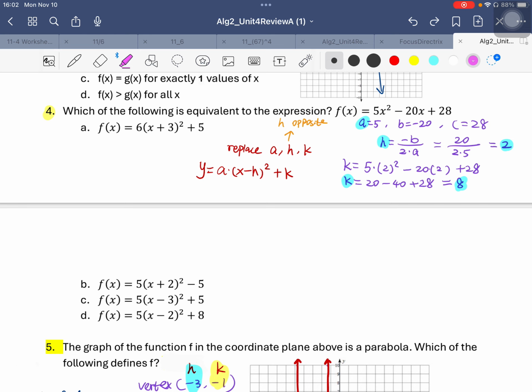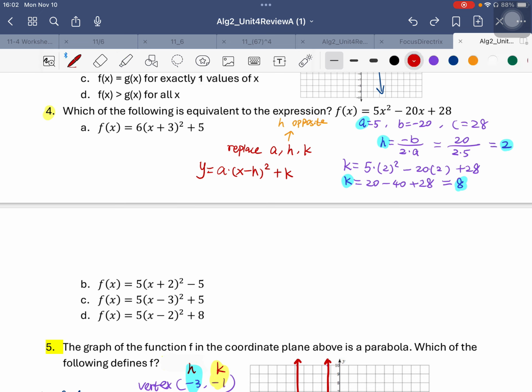Negative b is the opposite of b, goes on top, and 2 times a is 10. H is 2. And we replace the x value with 2, both x values. That's why I got k equal to 5 times 2 squared minus 20 times 2 plus 28. And my k equals 8.